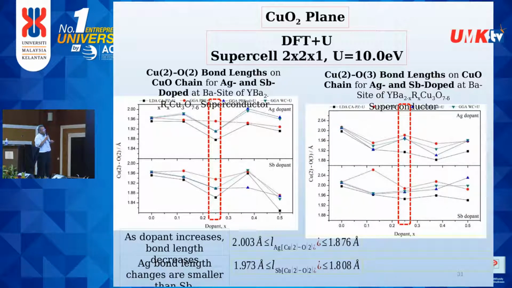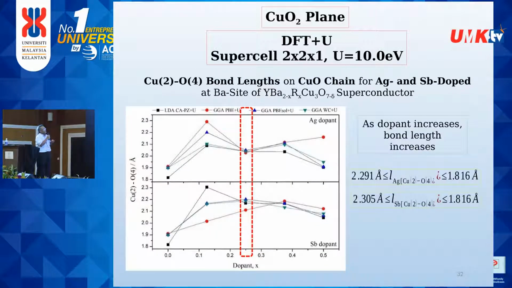All right. On the right side for Cu2O3, bond lengths on the copper oxide chains for silver and antimony dope at the barium site. So this is the range of bond length, between 2.01 angstrom and 1.83 angstrom.